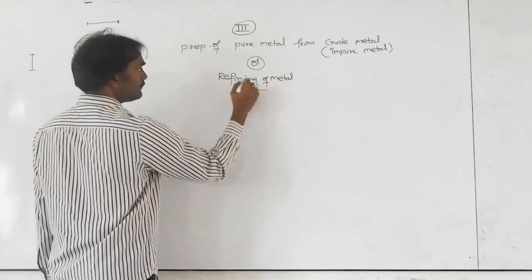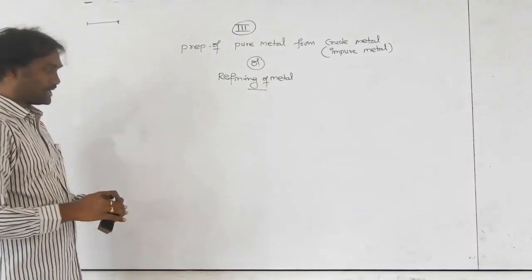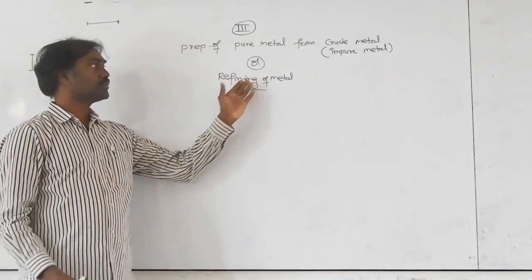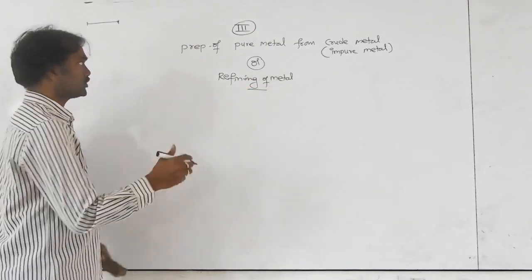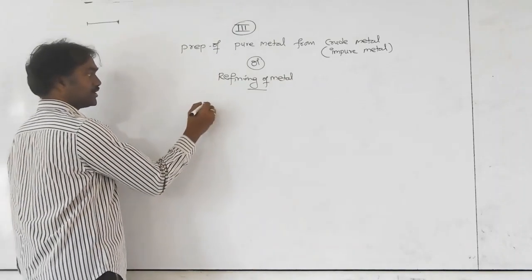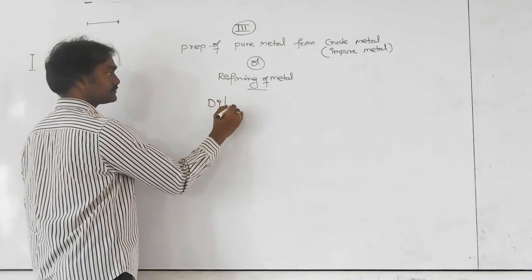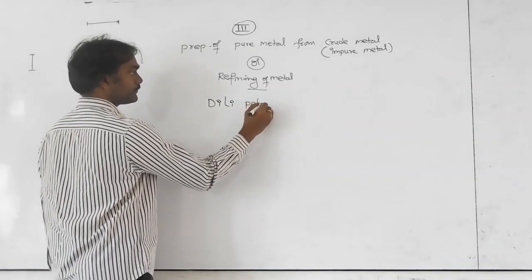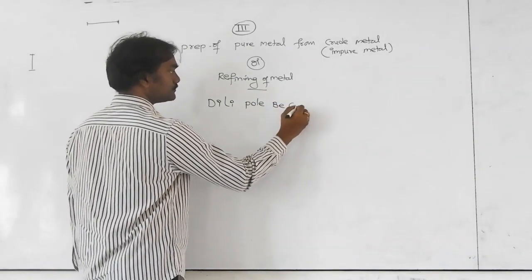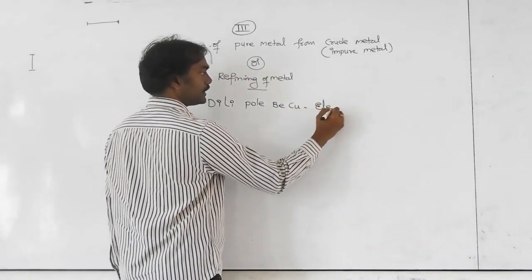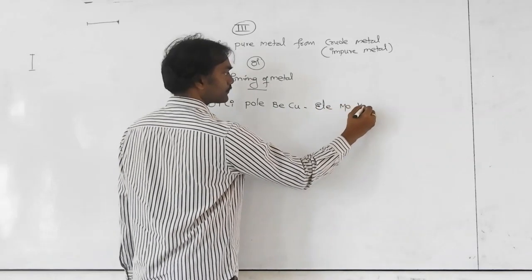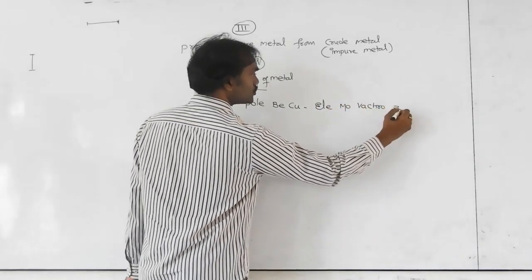We have already prepared the metal, and now refining means purification of it. Which processes are there? Our shortcut: Delhi, whole Beku, LMO, macro zone.